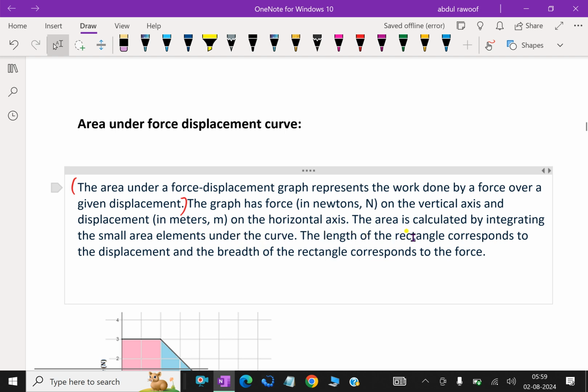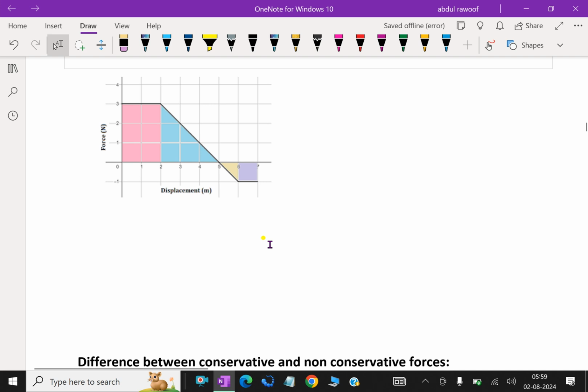The area is calculated by integrating the small area elements under the curve. Under this curve, if we integrate, this area tells us the work done. Here, this is negative work done. That is, total work done is this positive work done minus this negative work done.